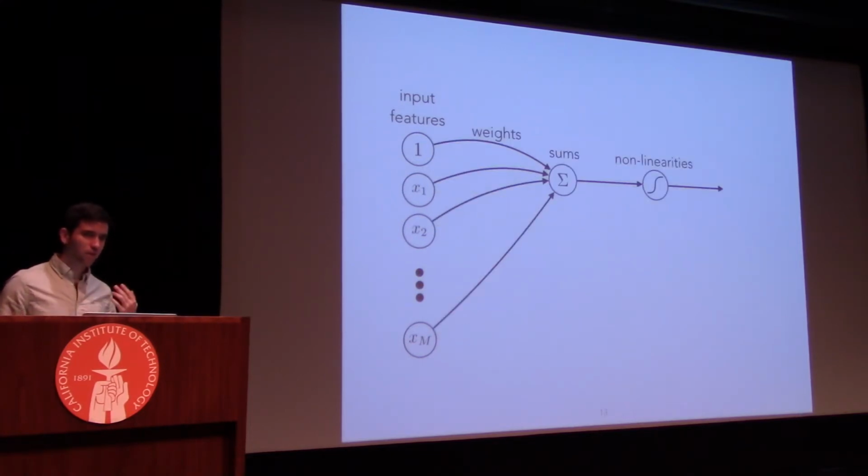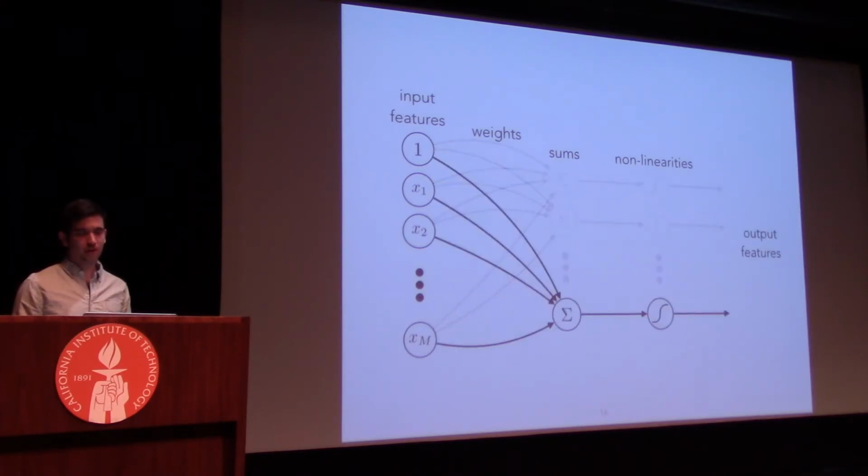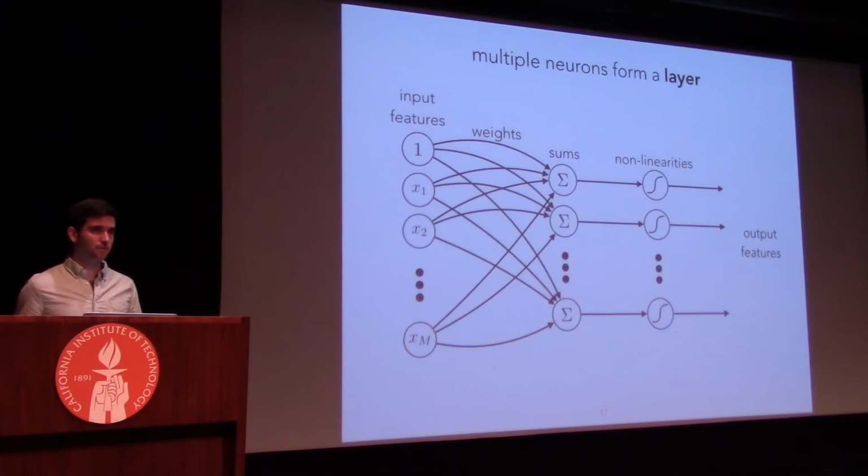So if I take one neuron here, and I put another neuron there, and another neuron there, and so on and so forth, and I compose all of these neurons in a parallel fashion, well, we call that a layer. So this is a neural network layer. And this is one of the basic building blocks of building up deep networks.